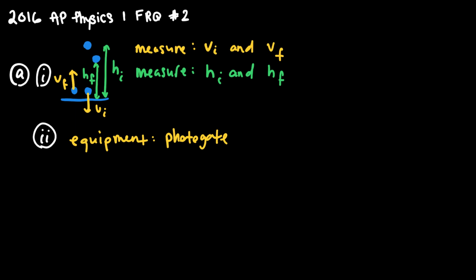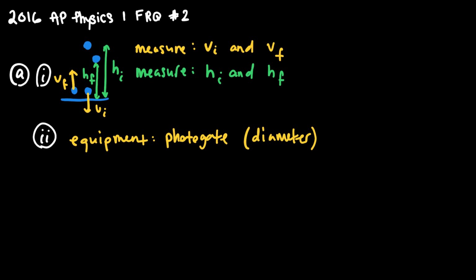And so for that reason, it may become important for us to measure the diameter of the ball, because part of A2 really does say, and how would that equipment be used? So we would need to very specifically state that we need to have the photogate be as close to the floor as possible, but at least the diameter of the ball above the floor, so that we get two separate measurements of the velocity that aren't affected by the collision with the floor.